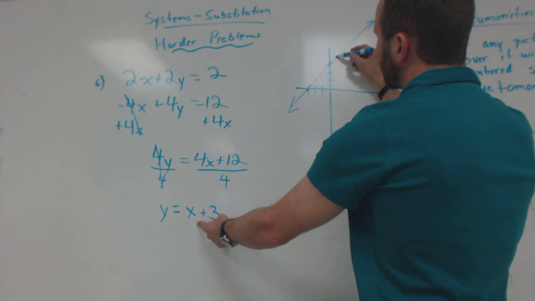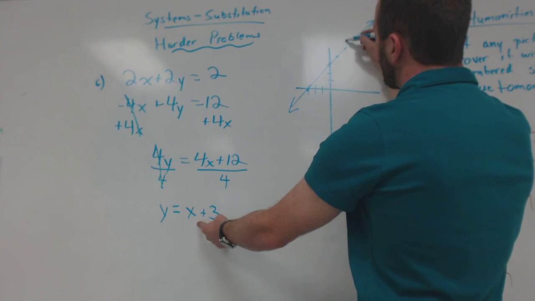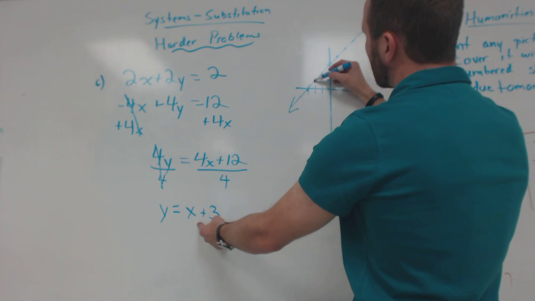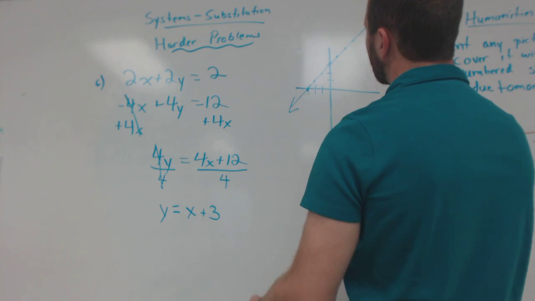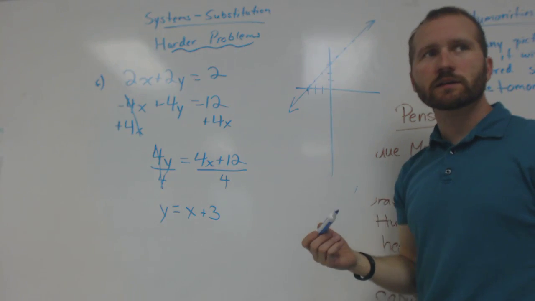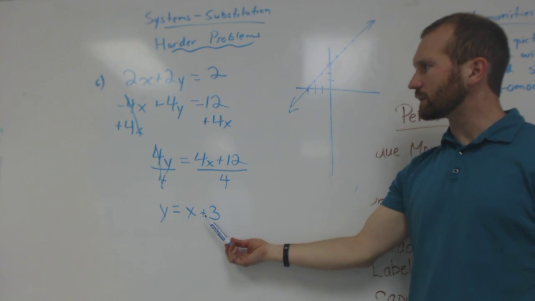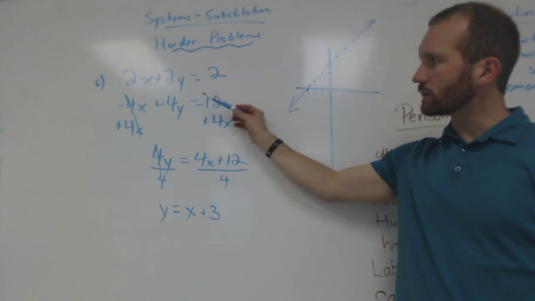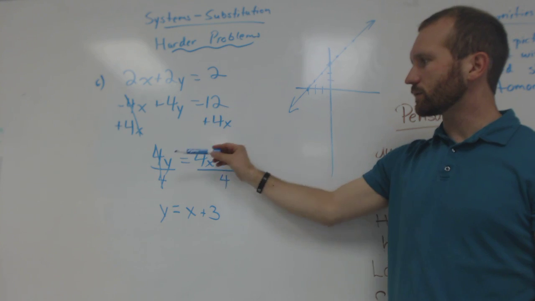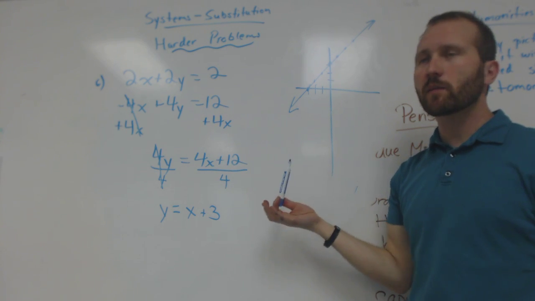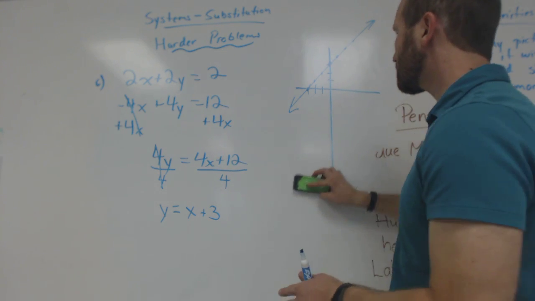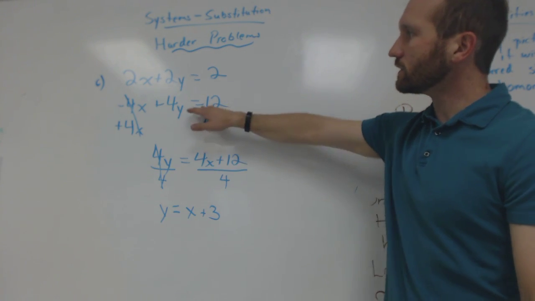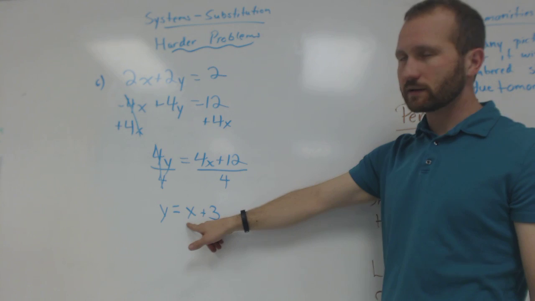We would go up 1 over 1, up 1 over 1, up 1 over 1, or we could go down 1 over 1, down 1 over 1, down 1 over 1. They really are the same line. This really is the same equation as that. All I did was add x, divide by 4, did the same thing to both sides. Anyway, that's just kind of an aside. You don't have to do that to solve this. But this equation could be rewritten as this.